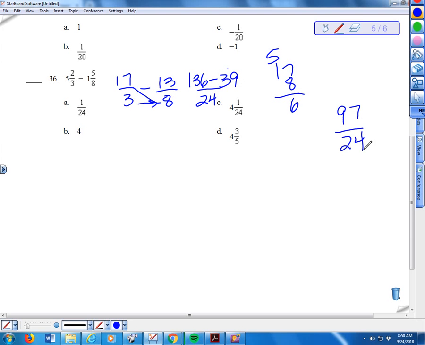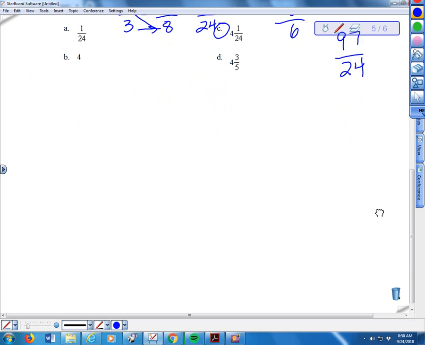How many times does 24 go into 97? 24, 48. 48 times 2 is 96. So it's going to go 4 times with 1 remainder, 1 over 24. I think that is the last question.